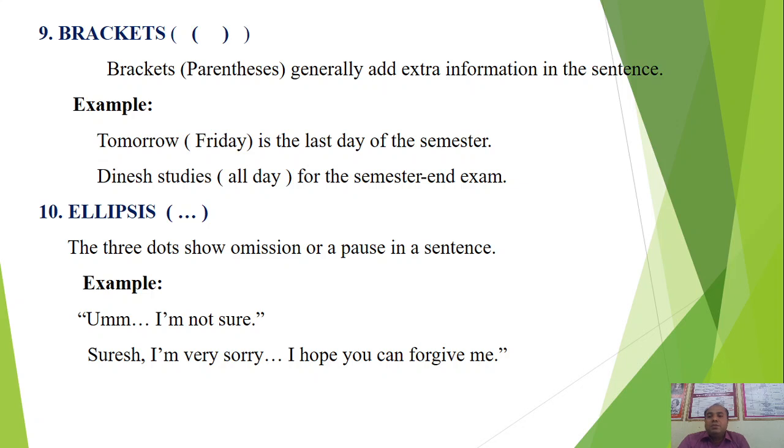The next punctuation mark is the ellipsis. It is shown with 3 dots. The 3 dots show omission or a pause in a sentence. Example: I'm not sure.